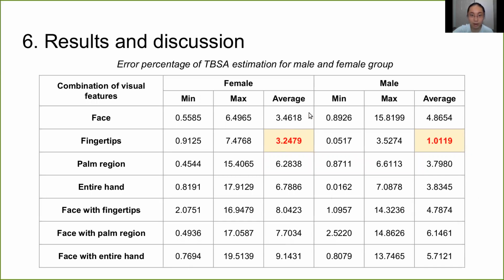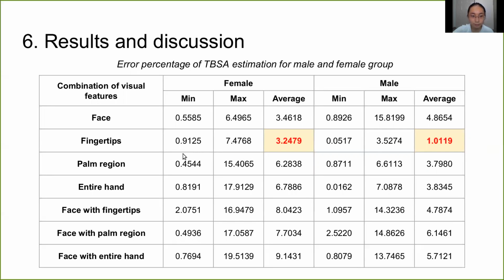The smallest average errors for female and male groups are 3.2 and 1% respectively, and they are obtained with fingertips as the only visual features. We can also see that the difference between max and mean error obtained using fingertip as the only visual feature is much less compared to other visual features for both genders.